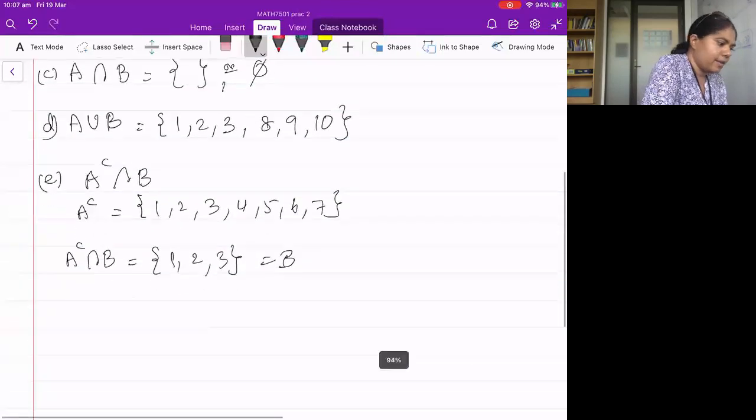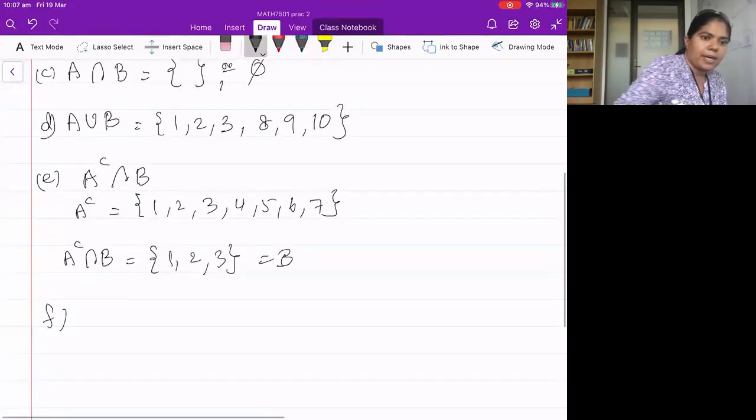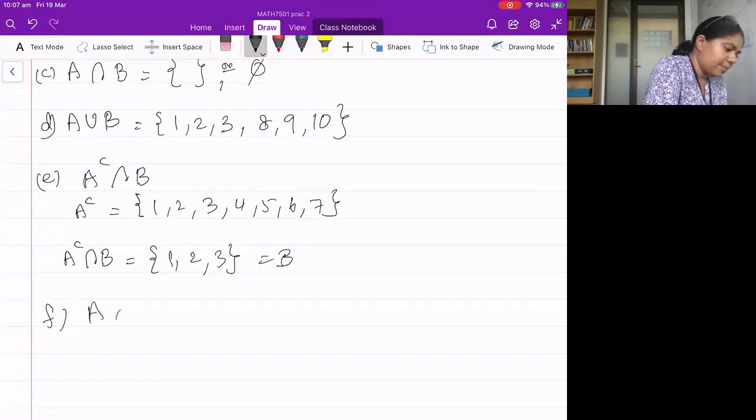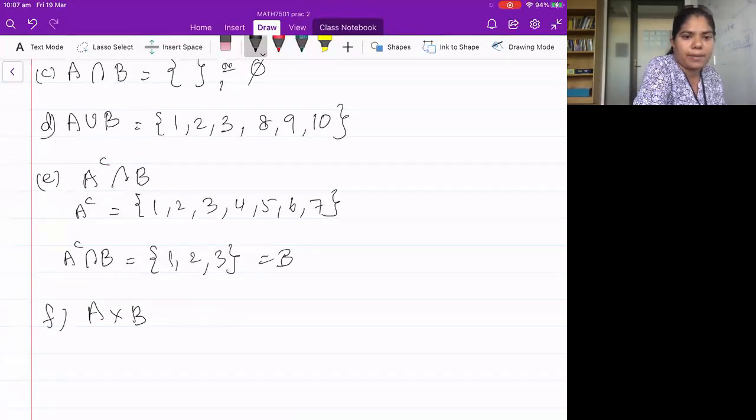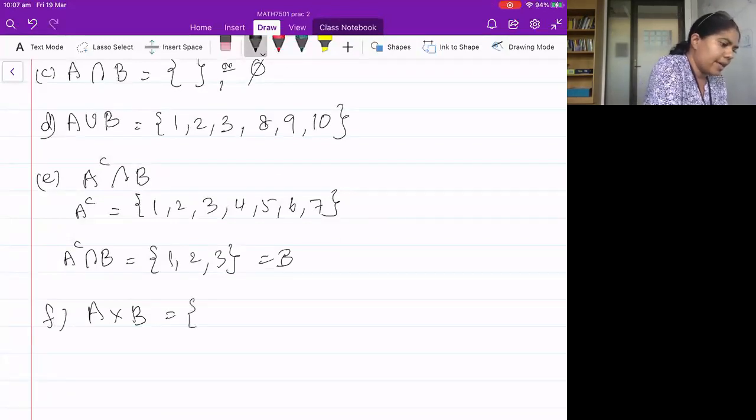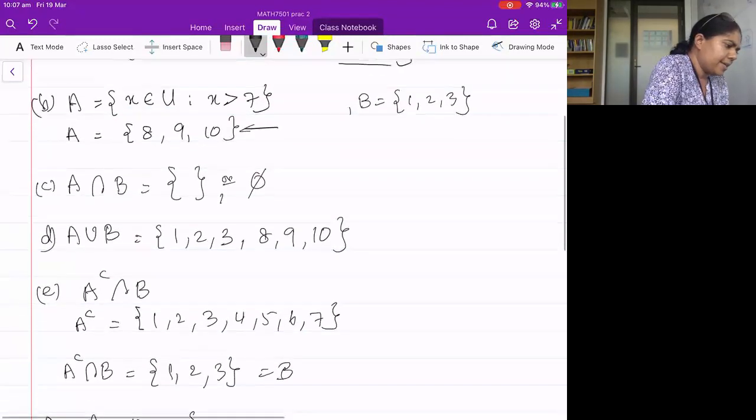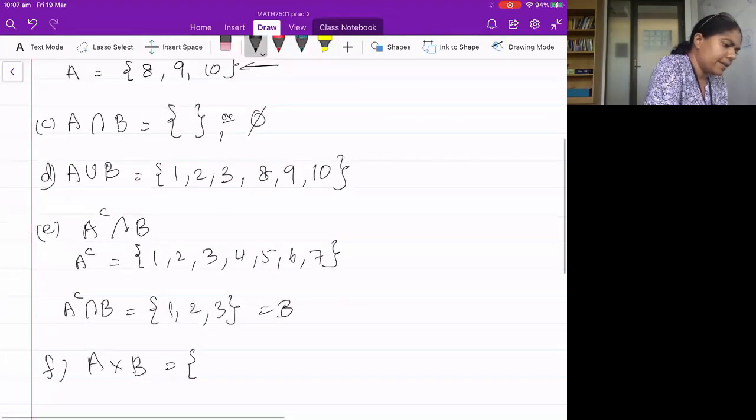Okay, and part F: what is the Cartesian product of A and B, which is the set containing ordered pairs from A and B. Okay, so look at A and B. I'll write A here as well, 8, 9, 10.